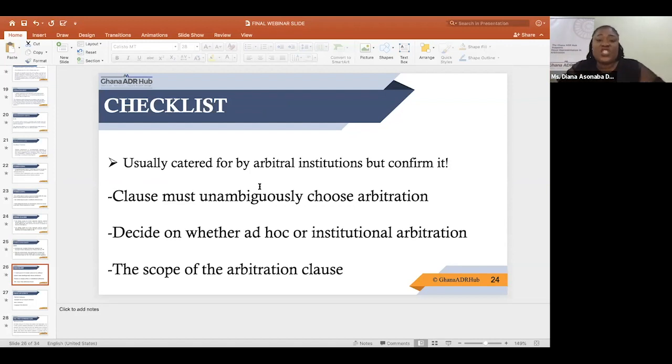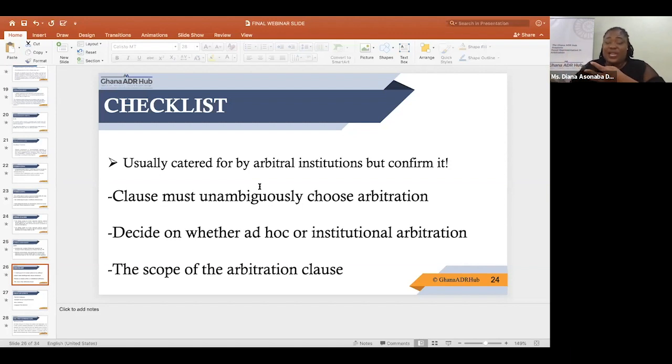So I made this checklist mostly for people who would want to use ad hoc arbitration. Again, because if you decide that you're going to have your arbitration through an arbitral institution, almost all arbitral institutions that I've seen have made very cogent, thorough provisions for who to appoint as arbitrator, how many, if parties cannot agree, if you cannot agree on the seat.